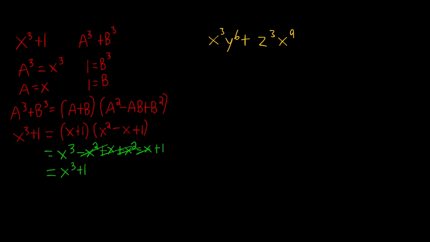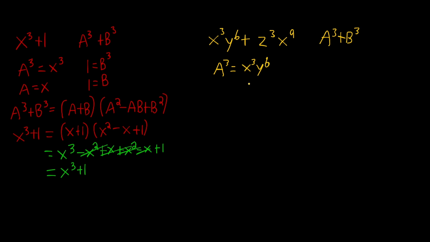Okay, so moving on to the right side, it's the same thing. We're going to look for a cubed plus b cubed. And this is a more complex example because we have variables that are working with multiple different types of things, right? We have x's and y's on the left term, and we have z's and x's on the right term. So how we're going to do this is we'll say that a cubed is equal to x cubed y to the power of 6.